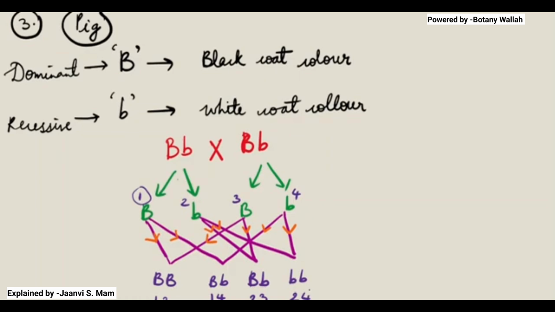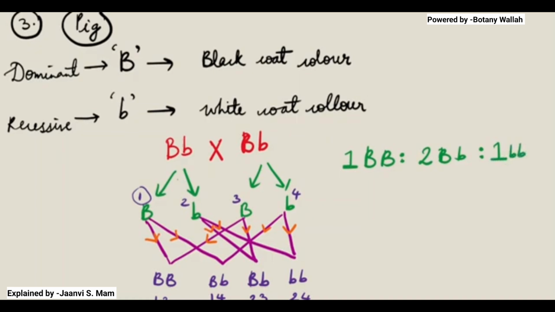When it is 2 with 4, you get small b, small b. They were asking what is the probability. So you can see that capital B, capital B you have got 1 time, capital B, small b you have got 2 times, and small b, small b you have got 1 time.